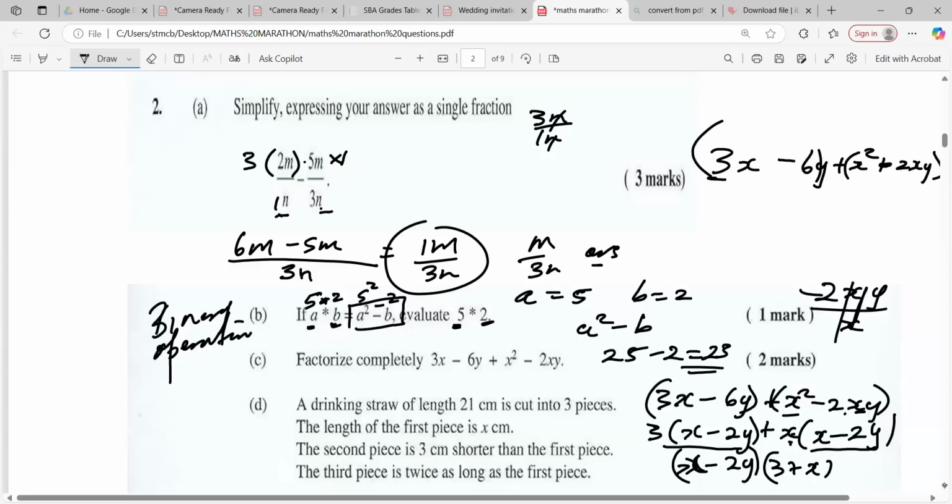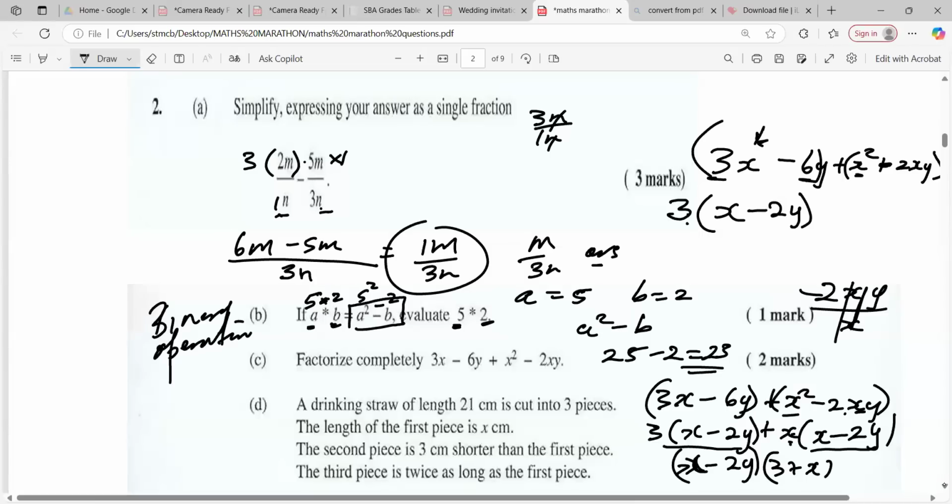So the highest number that can go into 3 and 6 will be what? 3, right? No, there's no x and y common to both. You just have x in this and y in that. So that's not common. So we just take out the 3 alone. 3 into 3, 1 time. 3 into 6, 2 times, right? So it will be 2y.